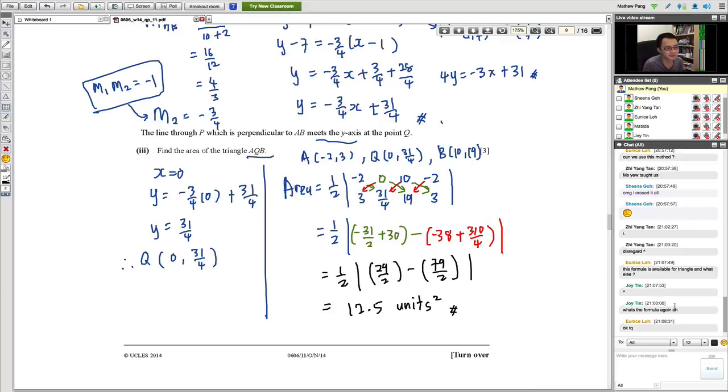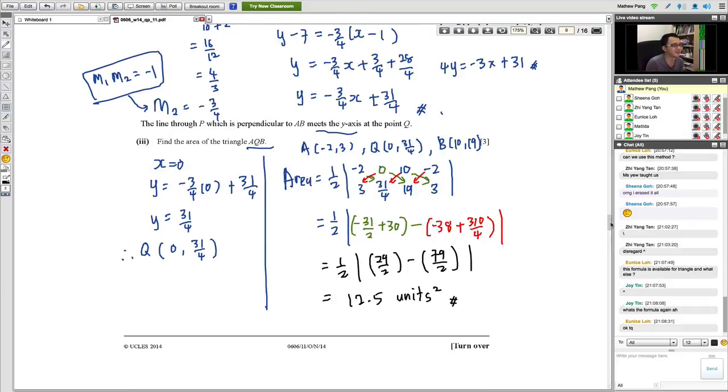Okay, what's the formula again? This is the formula for area, and actually the formula is very simple. They write the formula like this: equals 1 over 2, then x1, y1, x2, y2, x3, y3, and then x1, y1 again. This is the formula. Just put in all the coordinates.